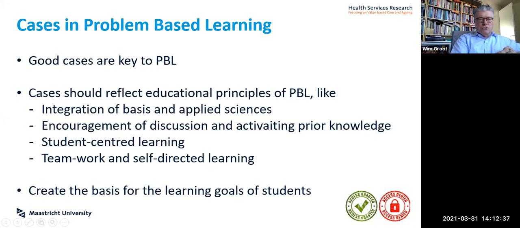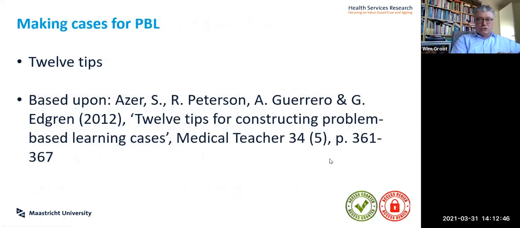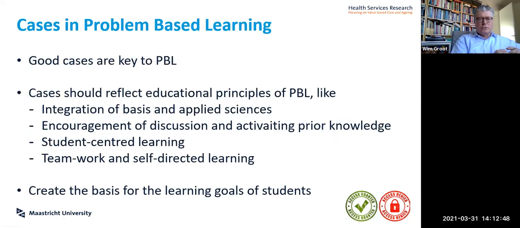It's good maybe to summarize the educational principles of problem-based learning, for which the cases should serve. I think there are at least four educational principles.